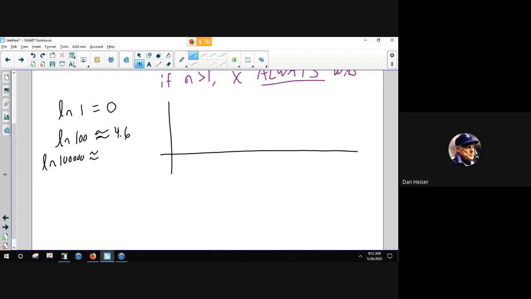You go 100,000 steps to the right, you only go 11.5 up. Not a very big number.